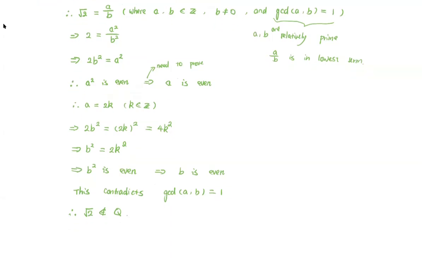Okay, go back. Let's prove this, because this is missing. Side proof. Let's prove this: if a squared is even, then a is even.